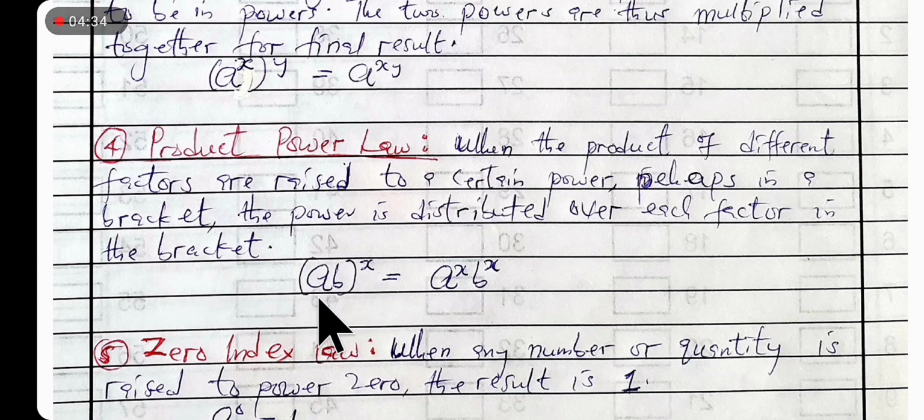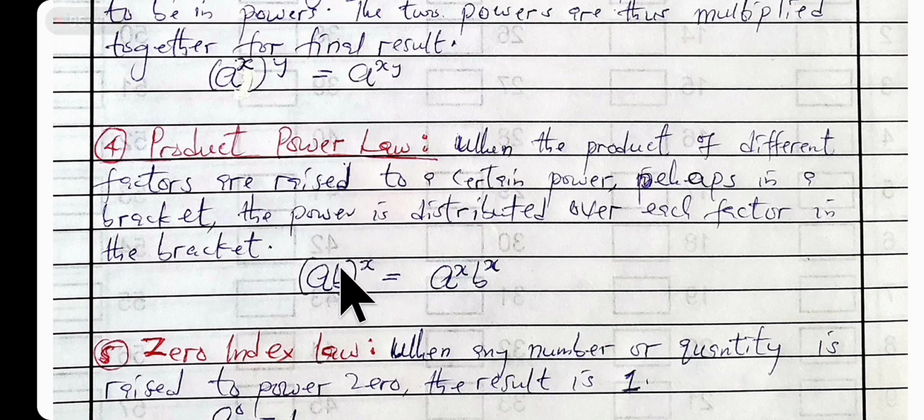This is what it means: if you have two different bases, A and B, enclosed in a bracket, all raised to the power of a single value, this power does not only belong to A or only to B, it belongs to both. That's what the law is saying. It means A will take the power separately, multiplied by B also taking the power separately. So A raised to power x times B raised to power x. We call it the product power law.